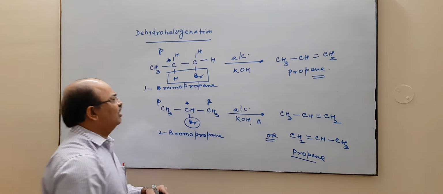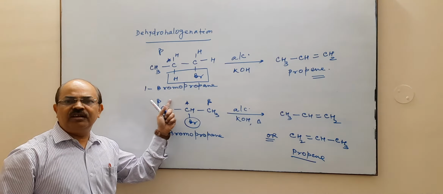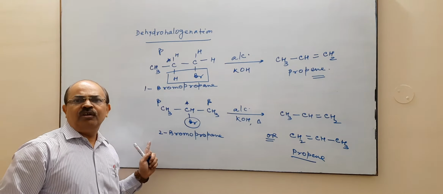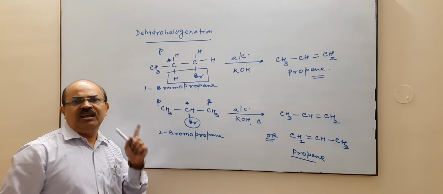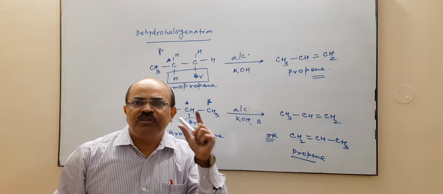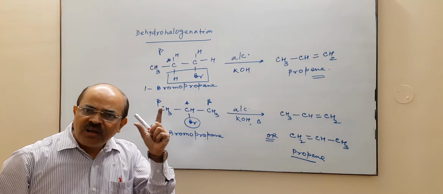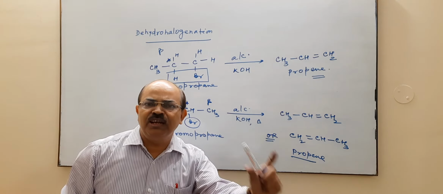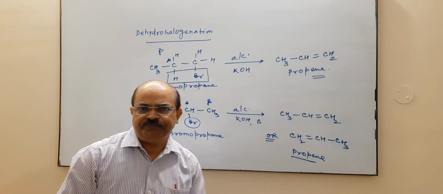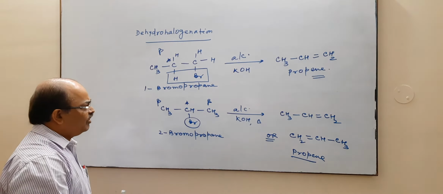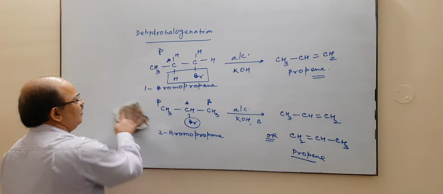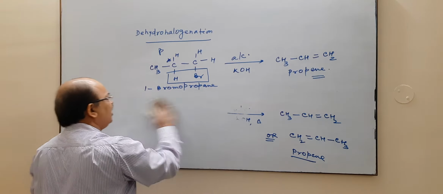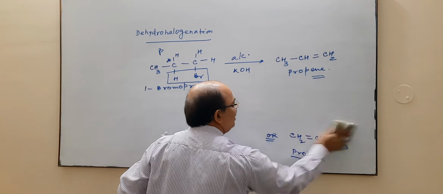So no question, if we have either 1-bromopropane or 2-bromopropane, they will give the same type of alkene during the beta elimination reaction. Now the question is, we have different types of halogen atom.